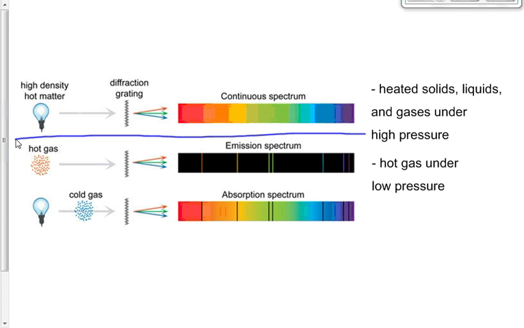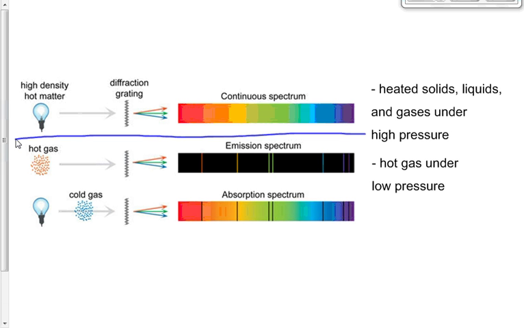It's essentially a reference so that we can compare the second and third diagrams to something. The first diagram consists of a light bulb, but any heated solid, liquid, or gas under high pressure would do.